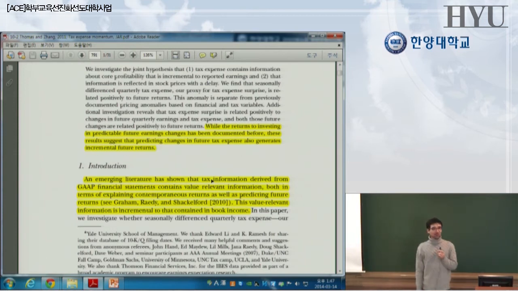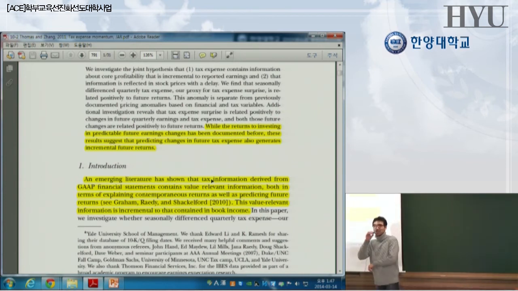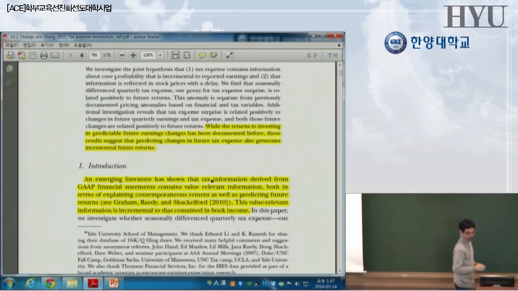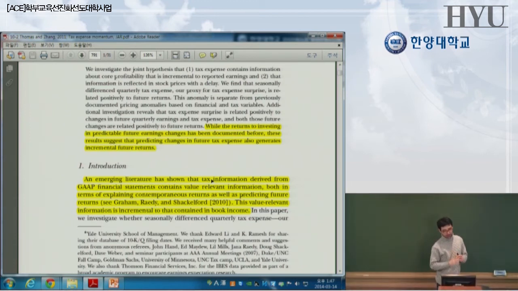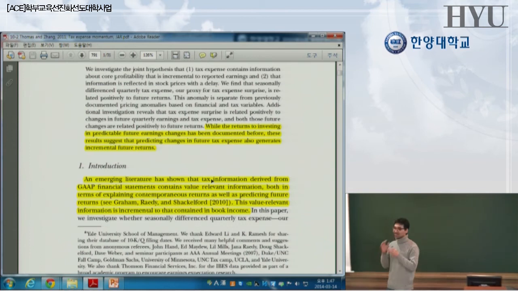That is very interesting, right? It means that if you investigate a firm's tax expenses, then you can make money. That's basically what it says, because it's value relevant information. This value relevant information is incremental to that contained in the book income. So like net income, the tax part has value relevant information in addition to the information in the financial statement.